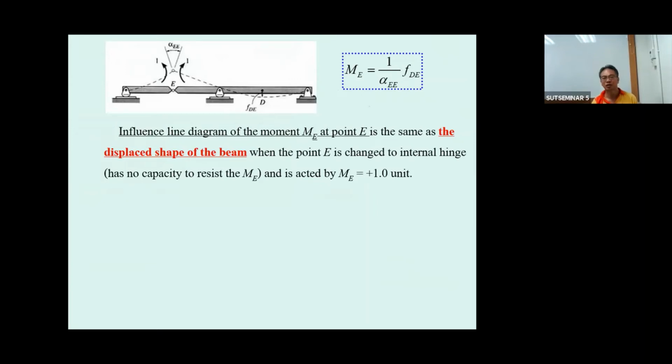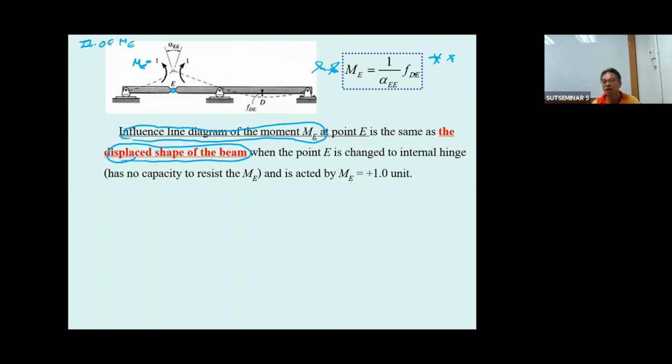And again, the explanation will still be the same. First, if you would like to draw the influence line of M sub E, release this one and put M sub E equal to 1.0 unit load. The deflected shape of the beam is going to be the influence line of M sub E. And the coordinates of the influence line of M sub E can be determined from this equation.